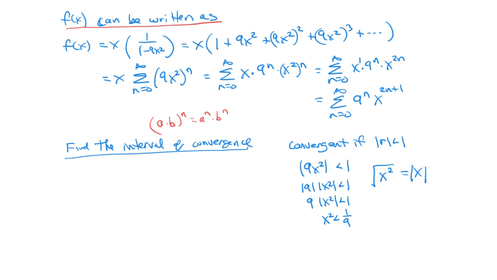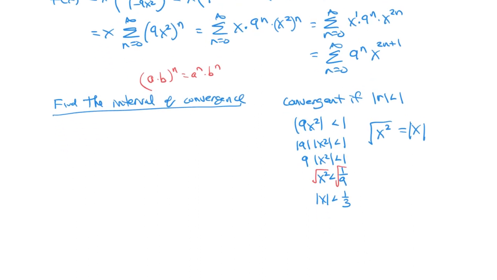We have something similar here. I need to solve this for x, so I take the square root of each side, and I end up with the absolute value of x is less than 1/3. The square root of 1/9 is 1/3. And what this means is that x is going to be between negative 1/3 and 1/3. So this is going to be our interval of convergence.